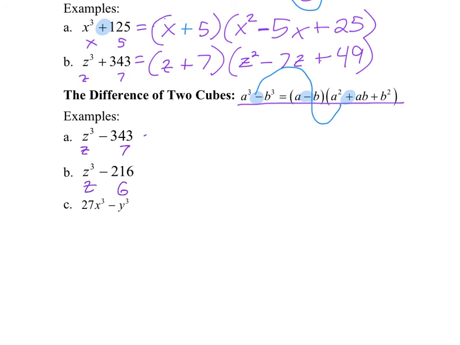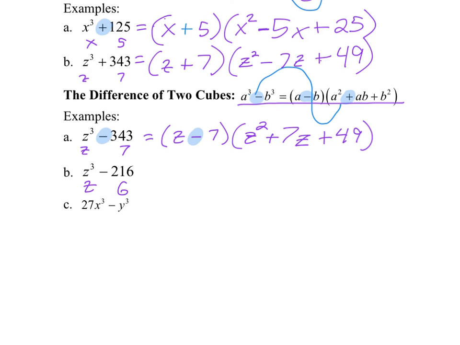So z, same symbol, so that's a minus 7. And then z squared, flip the symbol, plus z times 7, so 7z, plus the last term squared, which is 49.